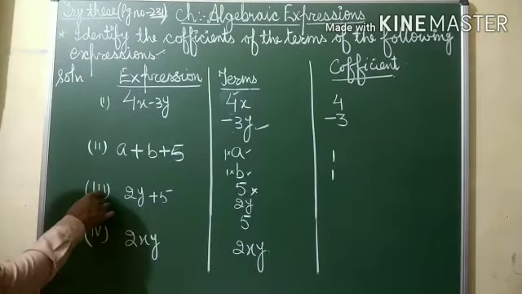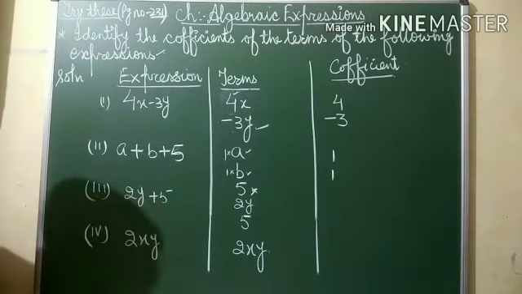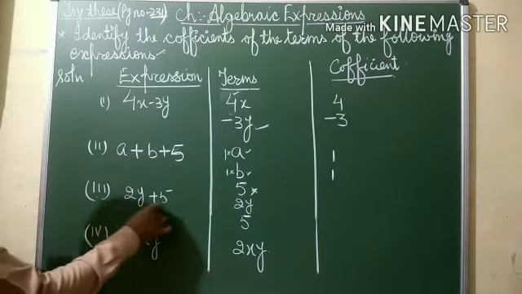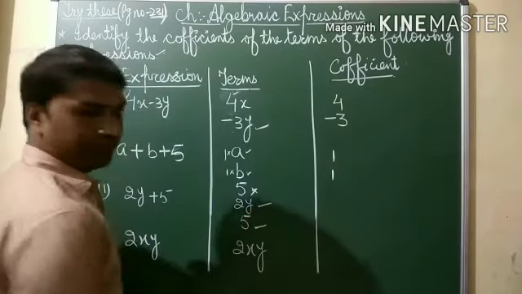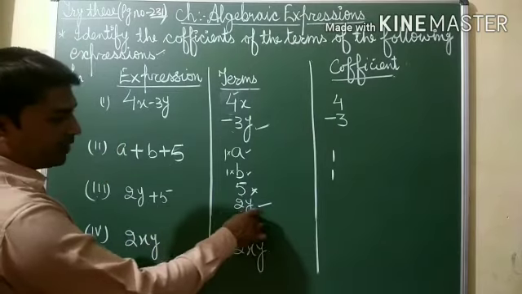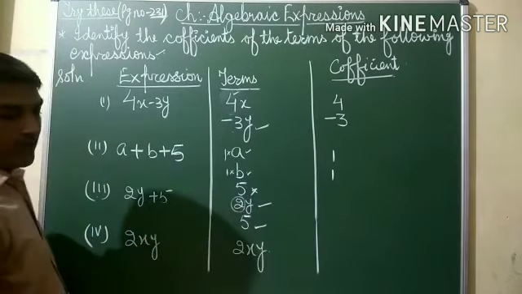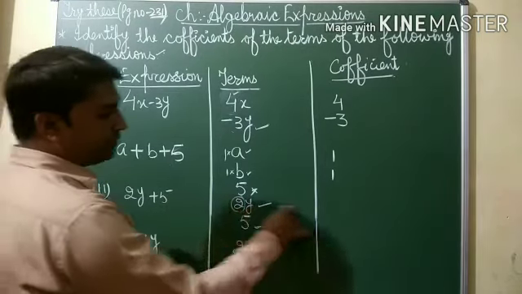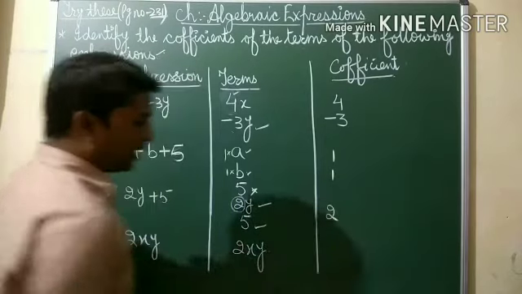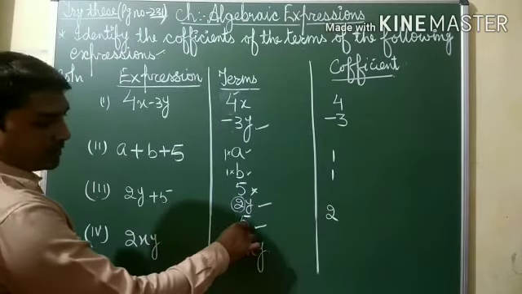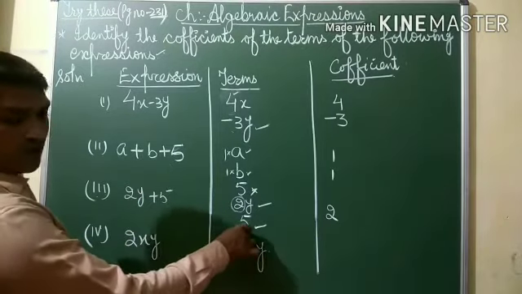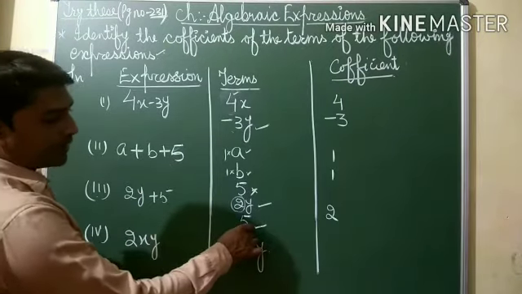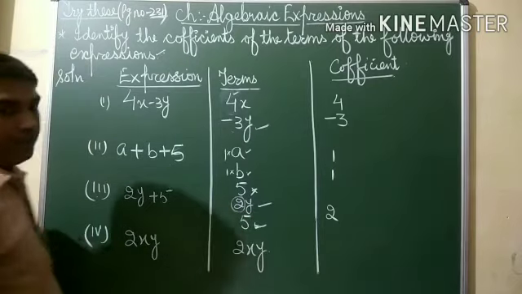Next, the third expression 2y plus 5. Again, this expression contains two terms, 2y and 5. Since 2y has numerical factor 2, the coefficient of 2y is 2. Again, 5 is not attached with any variable, therefore 5 is a constant term and we will not write the coefficient of 5.